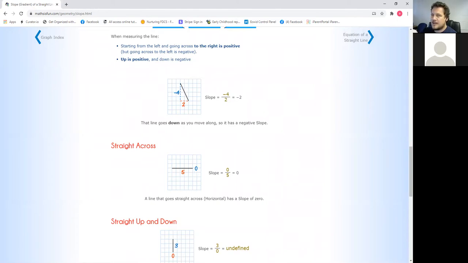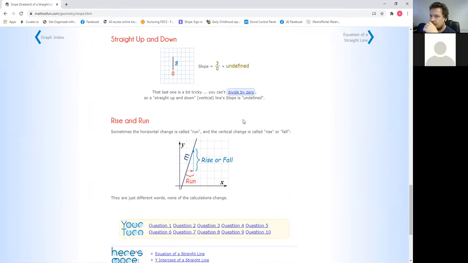It's 0, so you will get a 0 number. So if it's straight up and down, then it's undefined.